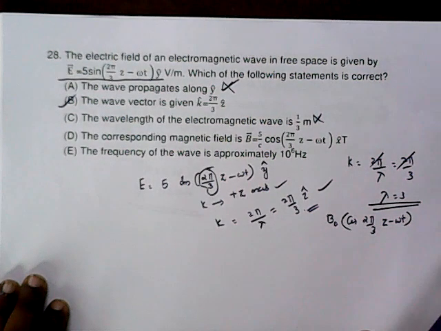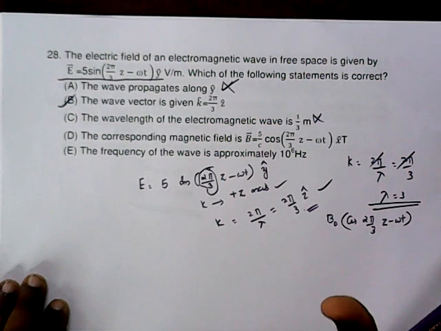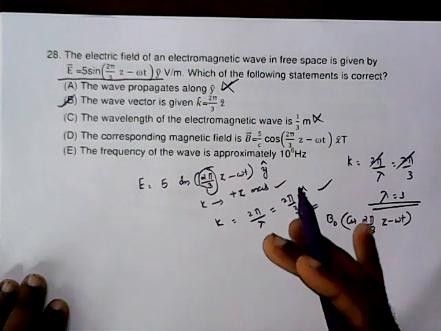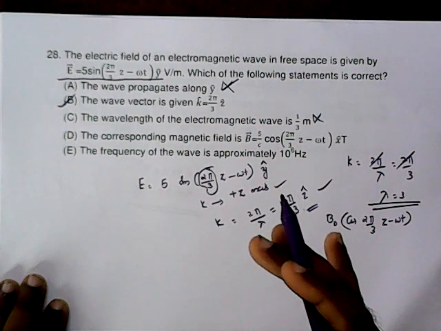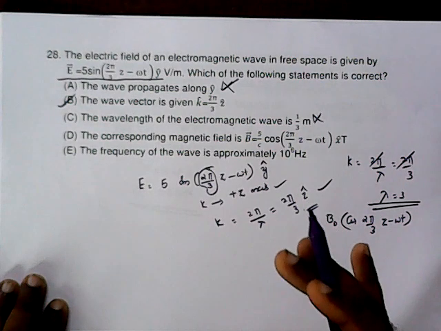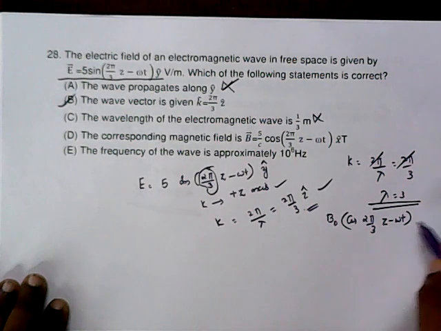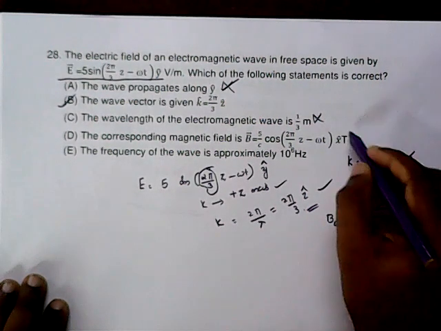So Y direction to the magnetic field, then the propagating direction should be the Z axis. So the magnetic field should be represented as minus x̂. So that is a wrong concept.